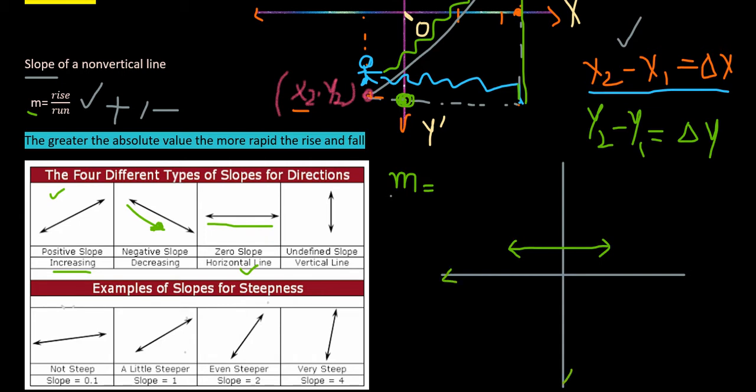This is our plane, Cartesian coordinate, and y2 minus y1 and x2 minus x1.